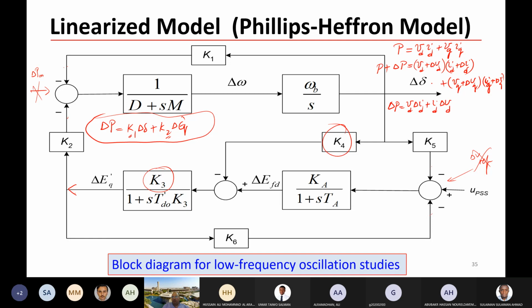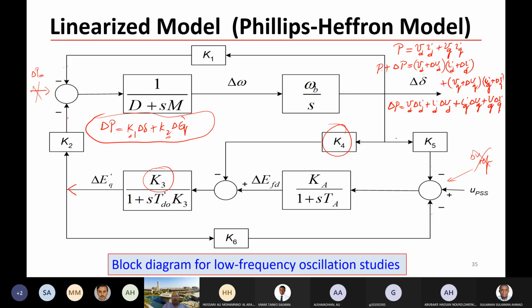Delta Id, delta Iq, we will neglect it. Plus, Vq Iq will go with this power here. So you have here Iq delta Vq plus Vq delta Iq. And again, the second order of this delta square will be neglected. So this is the delta B.